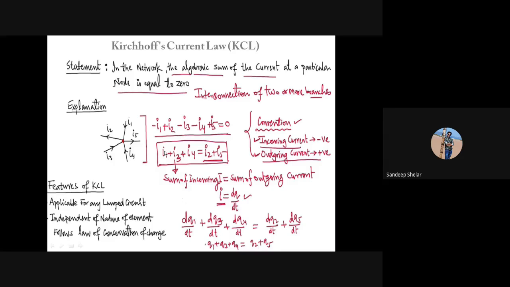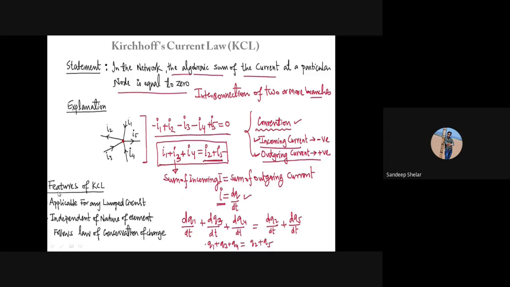That means these three currents, I1, I3 and I4, are called the sum of the incoming current, and the sum of the outgoing current is I2 plus I5. This is the Kirchhoff current law based on the direction of current, with incoming current taken as negative and outgoing current taken as positive. This is the explanation of the Kirchhoff current law.